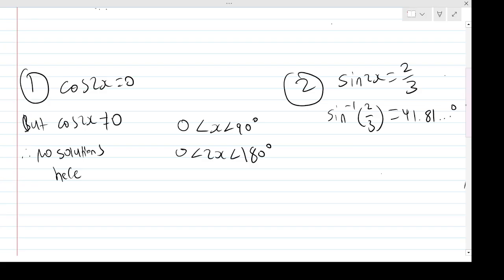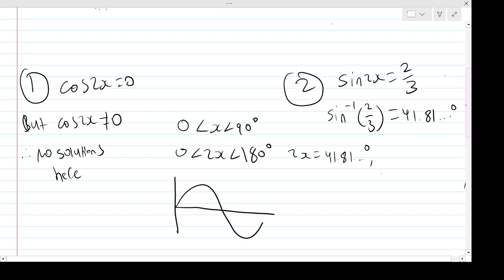So that means my first solution is going to be 2x equals 41.81 and so on. That's the first solution. To get the next one, we could just consider the sine graph, as usual. So do 360 here, say. The first solution is 41.81, that's going to be about there, somewhere there.